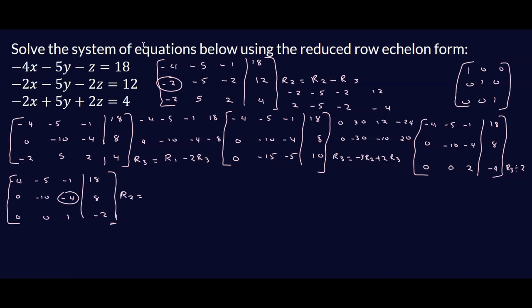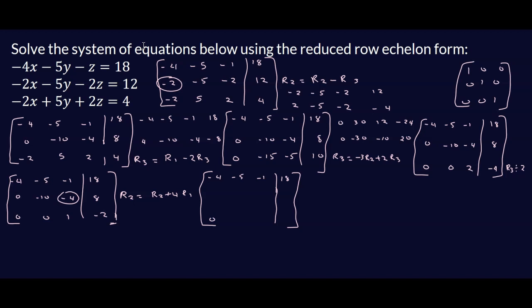So here we're going to say row 2 is equal to row 2 plus 4 row 1. So let's go ahead and plug in our rows 1 and 3, -4, -5, -1, and then we have 18. And then row 2 is the one we're trying to adjust.